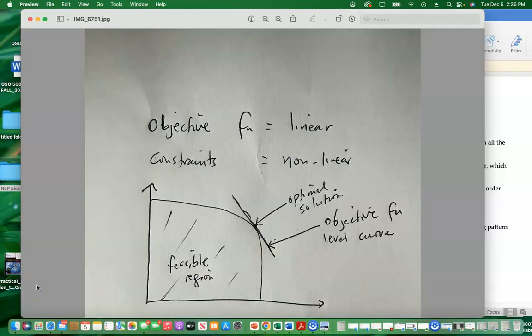This is an example where the objective function is linear, but constraints are non-linear. You can see that the shape of the constraints is convex, and the objective function level curve is linear, and the optimal solution is this point, and so our feasible region is this.